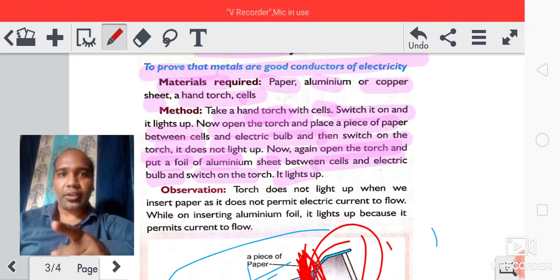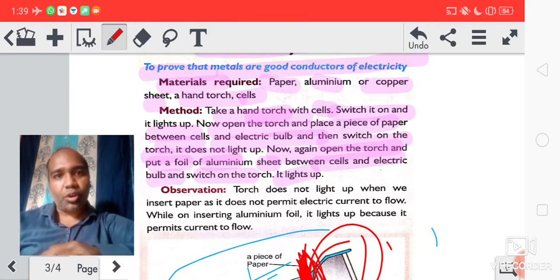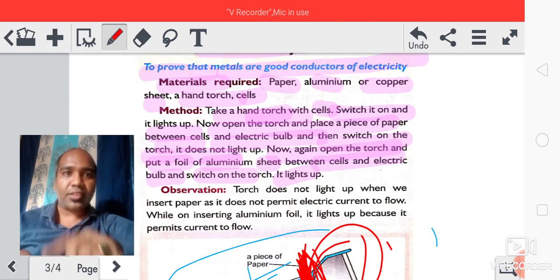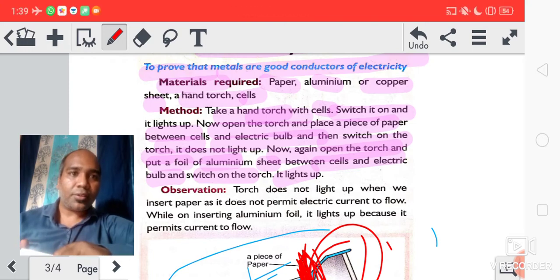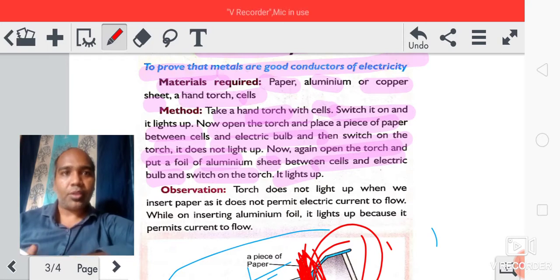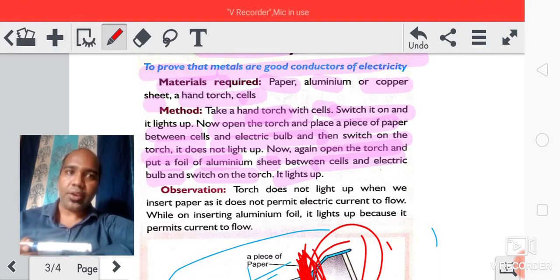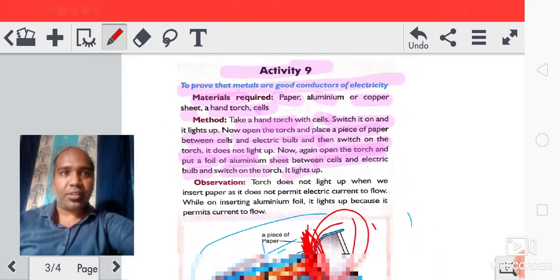Then a bad conductor of electricity: the material which does not allow the current to pass through it. Examples: plastic, rubber, glass, paper, all are bad conductors of electricity, means they will not allow the current to pass. And this experiment we have done.